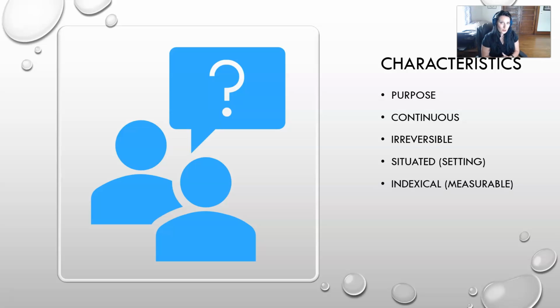It is indexical, which is essentially a fancy textbook word for saying that communication can be measured. We are able to measure how effective or ineffective communication was. If something doesn't work, it's your job to change it for the future. So that's kind of what we want to do here. It does change. It's very variable. This means that my communication has changed greatly. I started teaching about 10, 12 years ago, and the way that I teach now is worlds apart from the way I used to teach because I realized, okay, here are the strengths, here are the weaknesses, here's what students can do, and here's what I need to do.